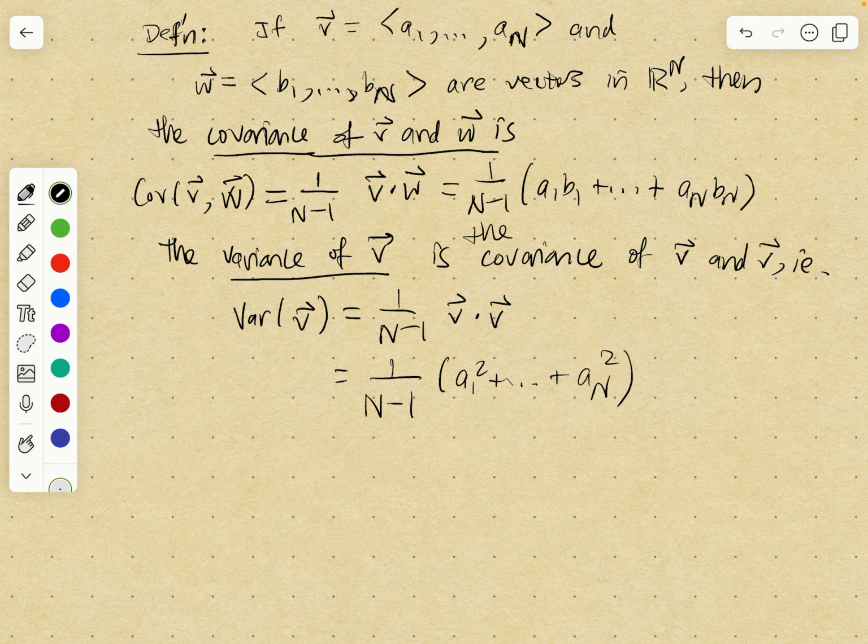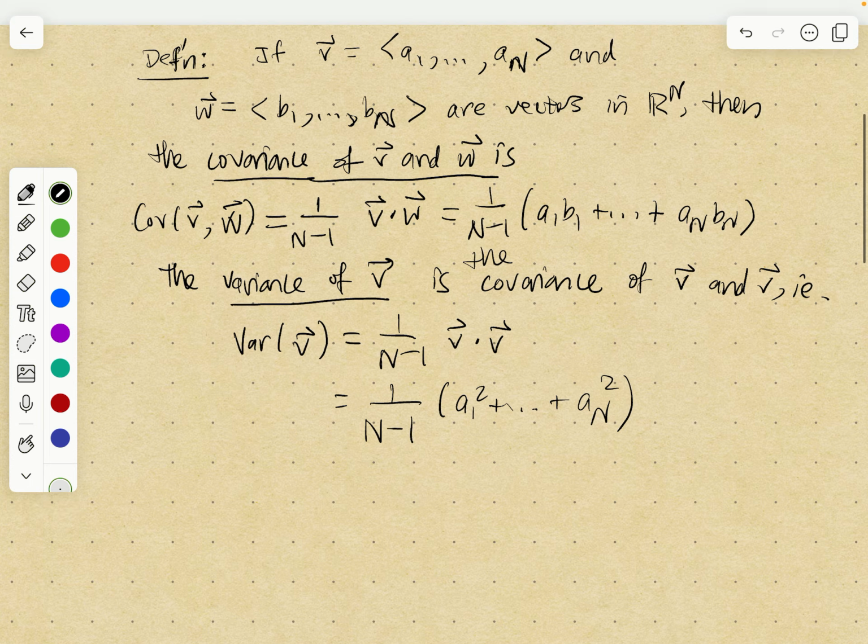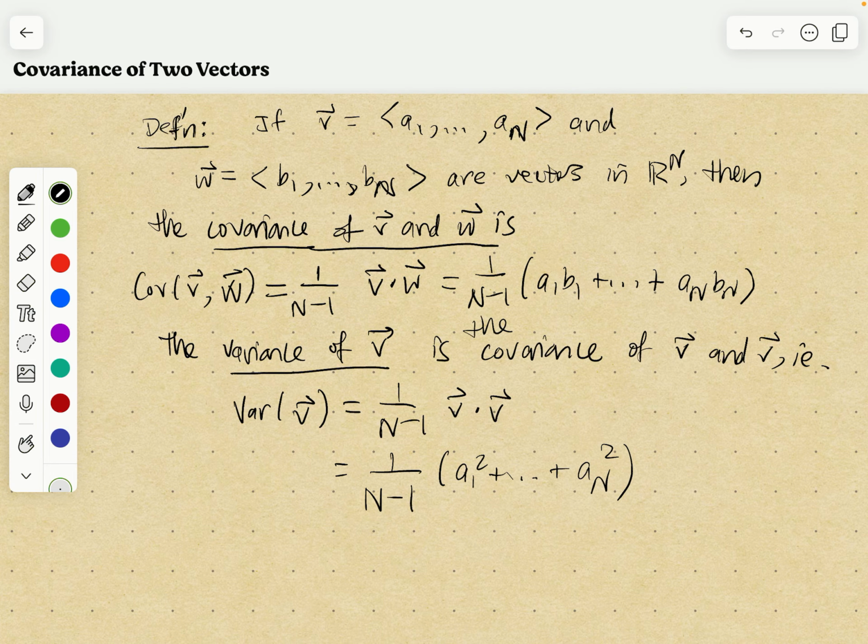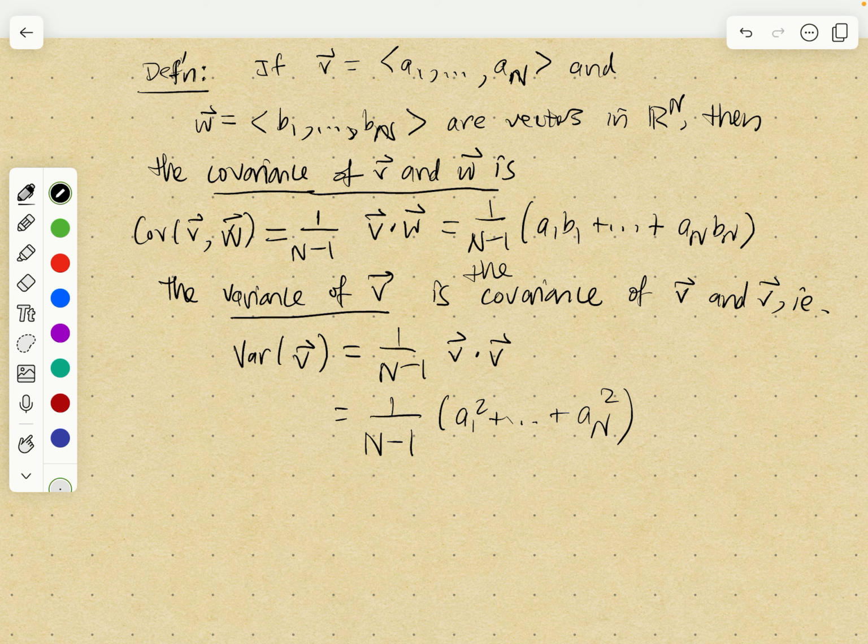One thing I want to mention is that this is different from the variance of a random variable. If you take a course in probability, you might have learned about the variance of a random variable. This is not what we're talking about. This is a different thing. If you have a sample, like you're gathering data, then maybe the components A1 through AN are the different measurements that you take.